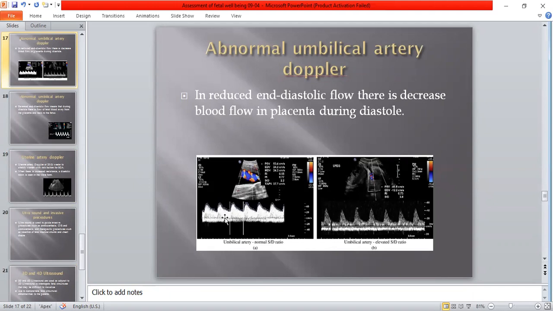This picture shows the normal umbilical artery Doppler waveform, and this shows decreased blood flow during the diastole.